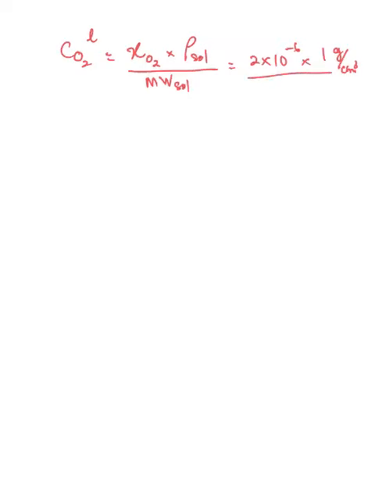So divide with molecular weight of water 18 gram per mol. Okay. And then you will get the concentration of oxygen in liquid phase. So yang ni you kira sendirilah. Mol per centimeter cube, right?